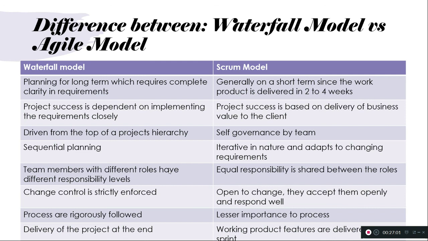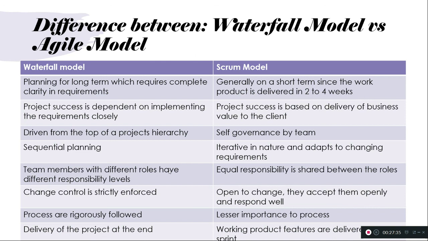In waterfall, we are following sequential planning. In Scrum model, we are iterative in nature and adapt to changing requirements. For example, if we take a release, it will have 4 or 5 iterations of sprints. Actually we'll be executing 4 or 5 iterative sprints. As I told you earlier, team members with different roles have different responsibilities and levels.